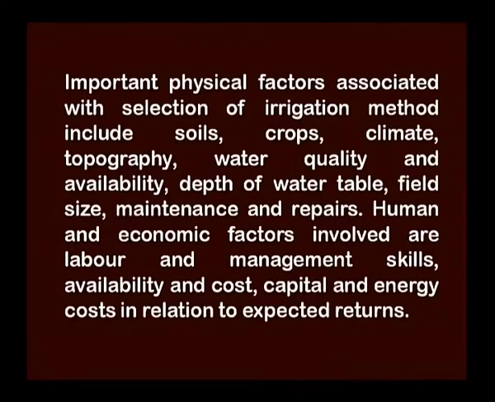Important physical factors associated with selection of irrigation method include soils, crops, climate, topography, water quality and availability, depth of water table, field size, maintenance and repairs. Human and economic factors involved are labor and management skills, availability and cost, capital and energy costs in relation to expected returns. So, all these factors decide the method of irrigation.